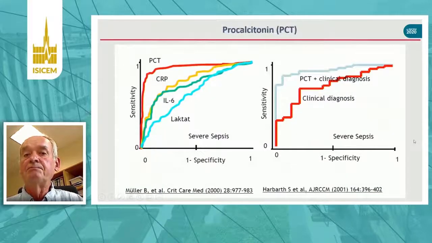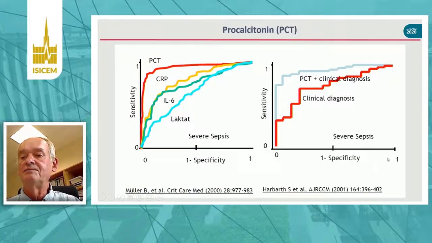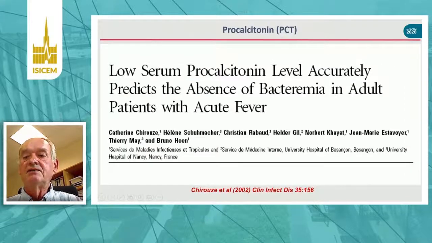At the example for PCT, procalcitonin, you see here the ROC curve, which I showed you. It's very nice compared with other biomarkers in this study. And as you know, there have been several trials made, and one of which is to see if this procalcitonin really is able to predict if we have bacteremia in patients with acute fever and we suspect that it's a bacteremia.